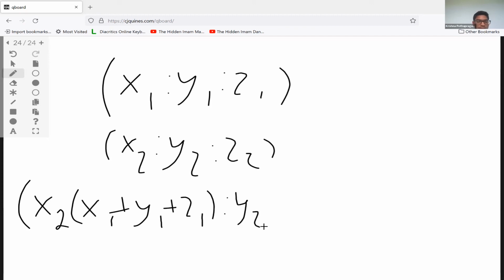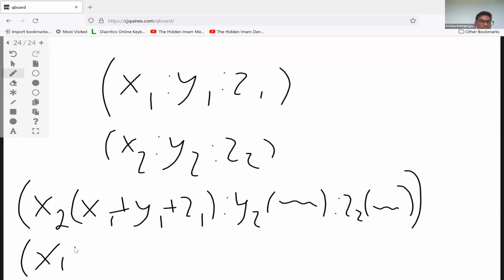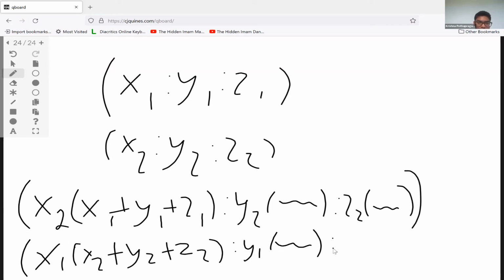So x1, y1, z1, y2 times the sum, z2 times the sum, and we homogenize x1, y1, z1 similarly. And now both of these coordinates have the same sum. And we want to show that it's exactly the same.